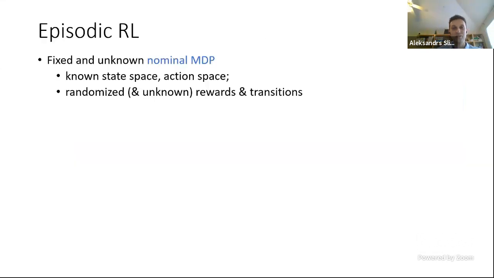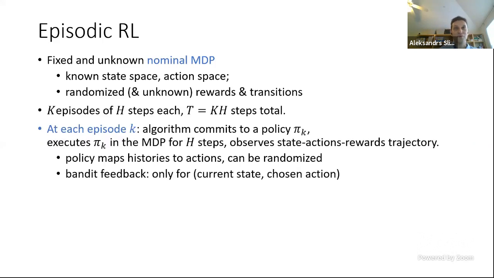All right, so let me set up a model. We consider a standard model of reinforcement learning called episodic RL. We have a fixed MDP where we know the state space and the action space, but the rewards and transition probabilities are not known to the algorithm. We have K episodes of H steps each, so the time horizon is effectively K times H steps. In each episode, we run the MDP.